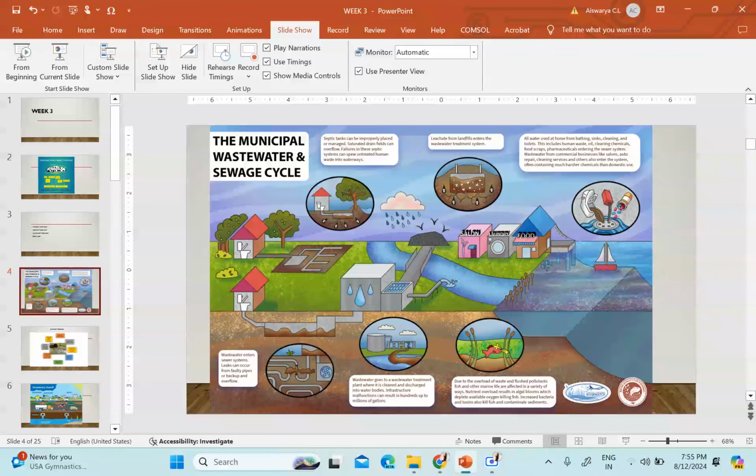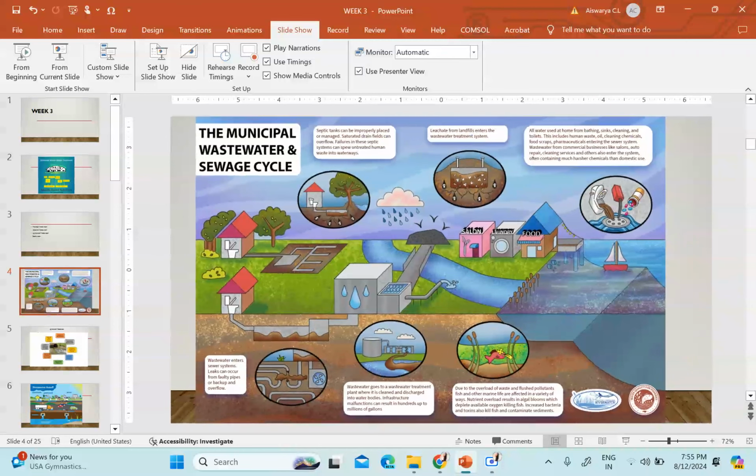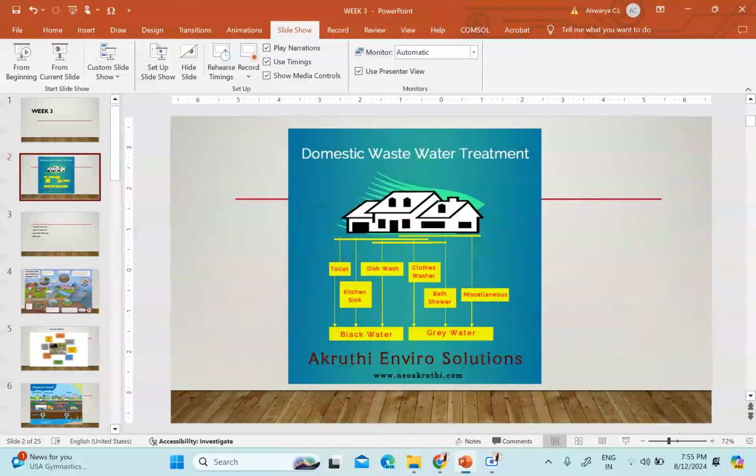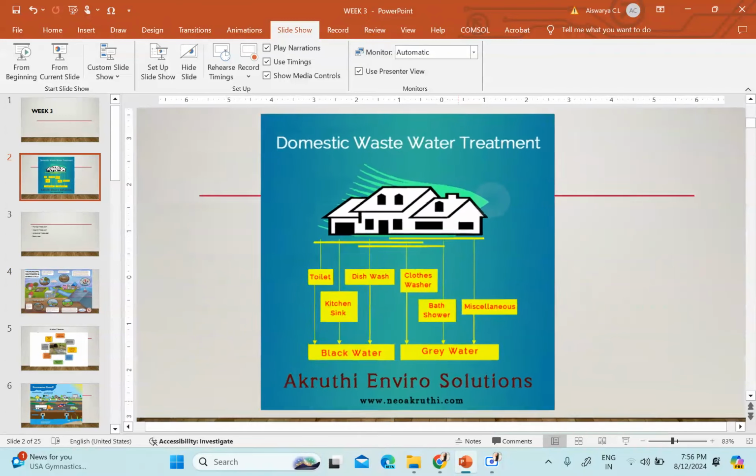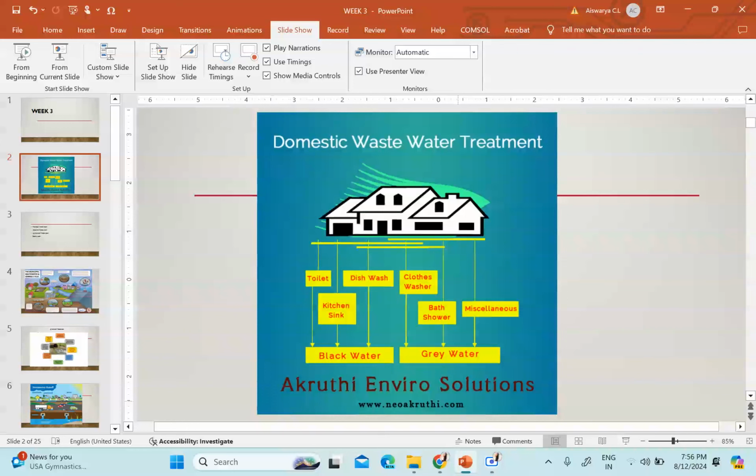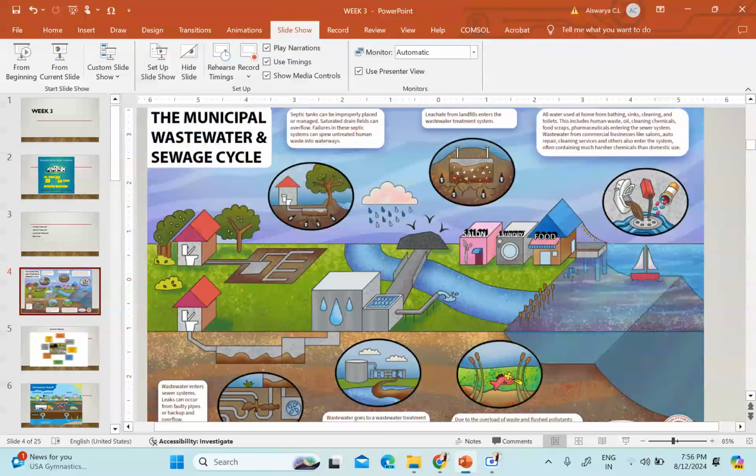Okay, so in the previous class also there was a discussion on this. Domestic means which is from the home only, which is mentioned on the screen. You can see the screen, right? But in the municipal, mainly the educational institutes will be there, and also hospital waste, hotels and restaurants. All this waste is also considered, and small scale industry.